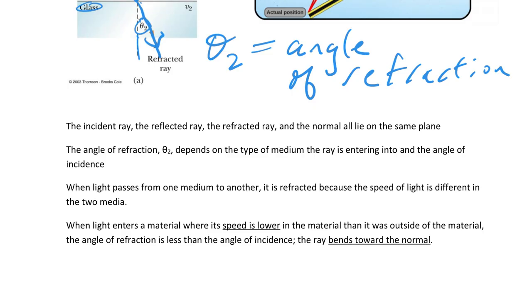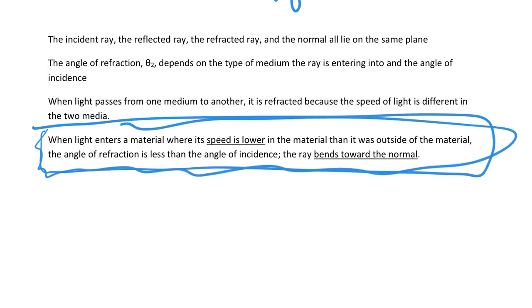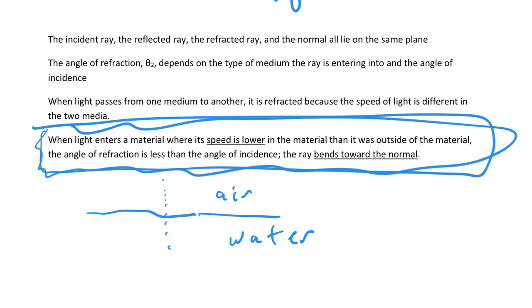Now, this is an important case. When light enters a medium where it's slowed down, here's air on this side, and here's water or glass. So here's a light ray entering. The speed of light is slowed down a little bit when it enters the water.